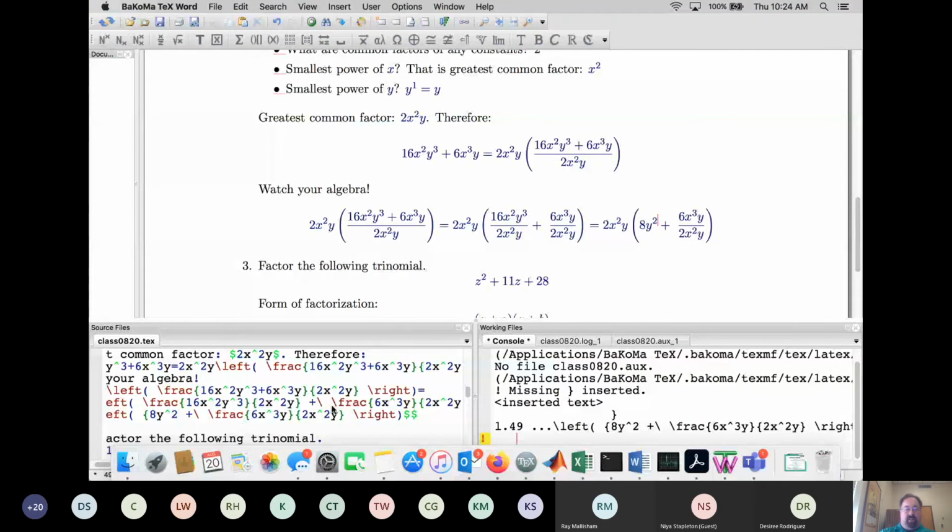What about the other one? We want to reduce this to lowest terms. So what will we end up with after you cancel whatever you can?